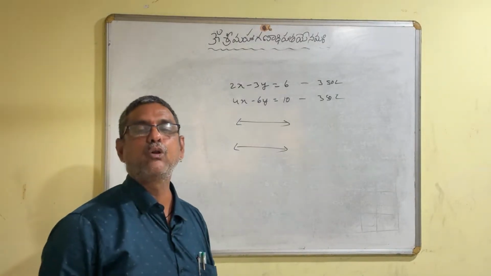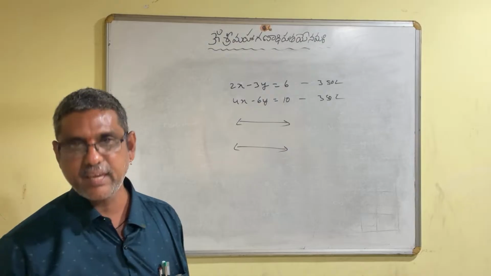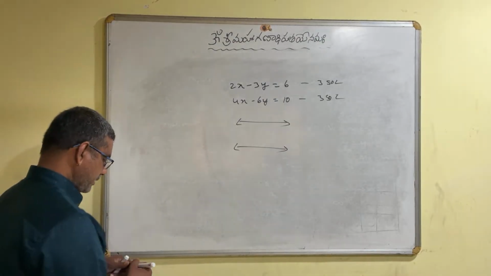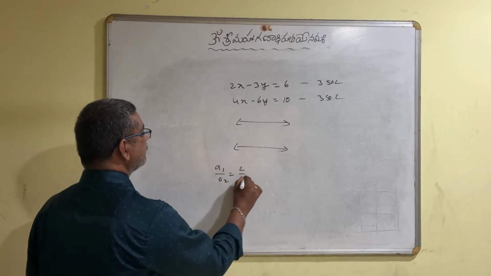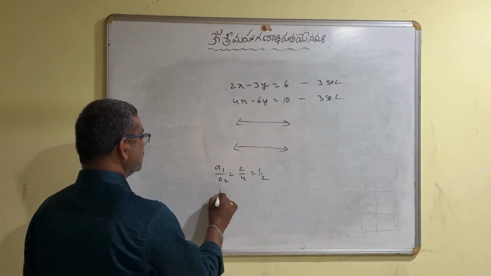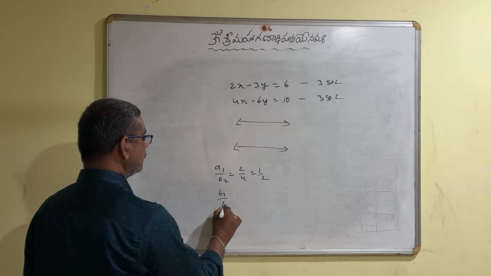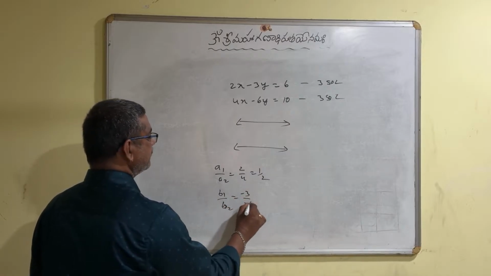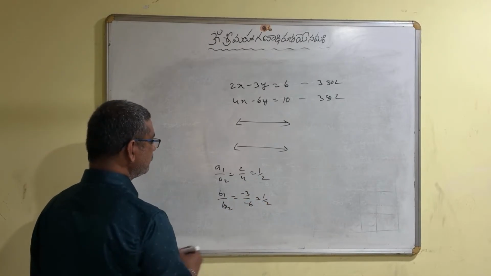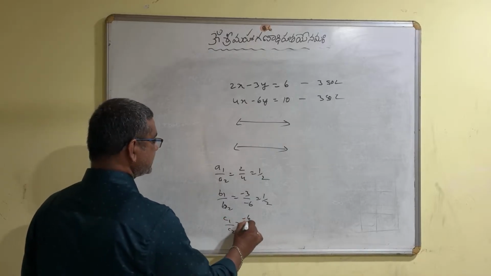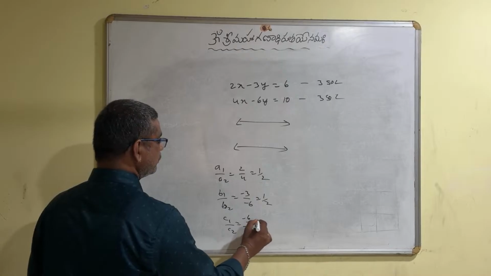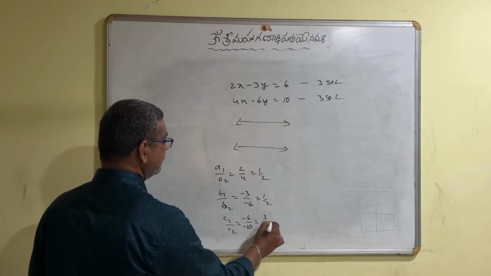But if you know the conditions of consistency, and if you apply a1 by a2, 2 by 4, which is 1 by 2, b1 by b2, minus 3 by minus 6, which is also 1 by 2, c1 by c2, minus 6 by minus 10, which is 3 by 5.